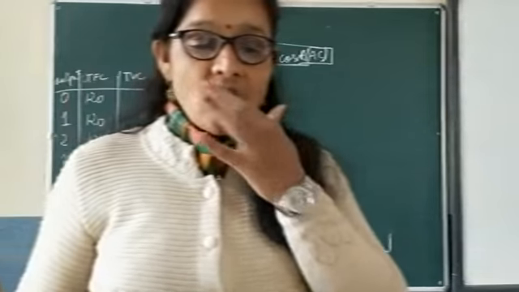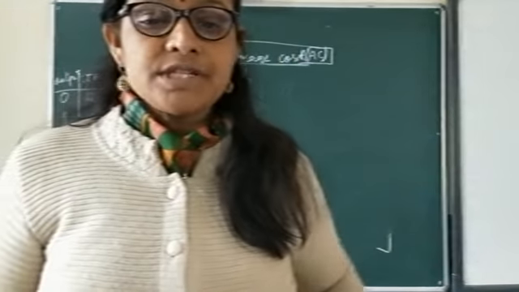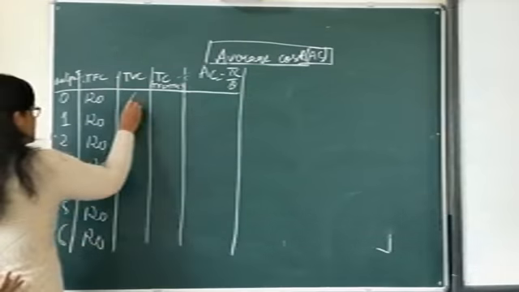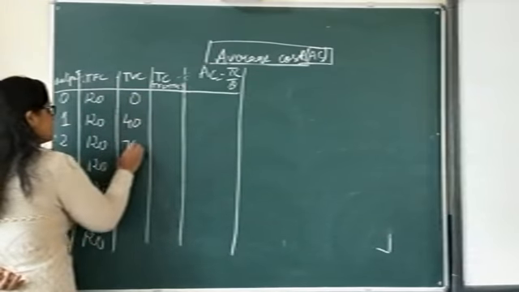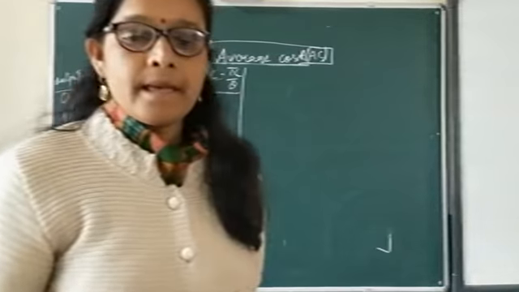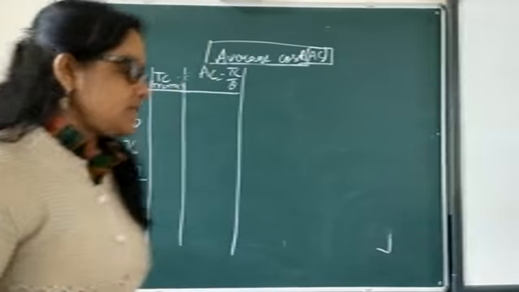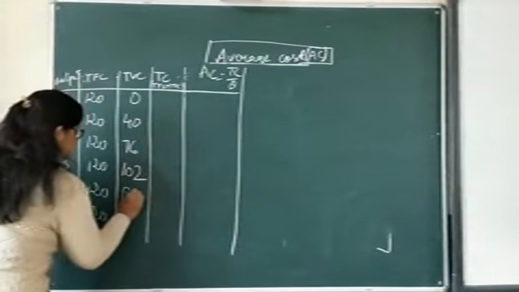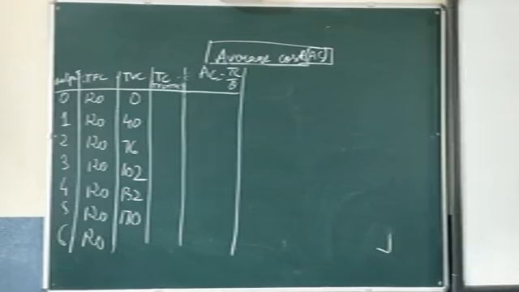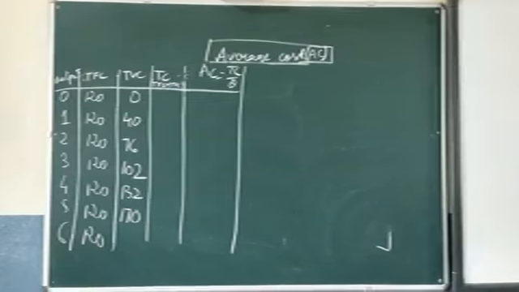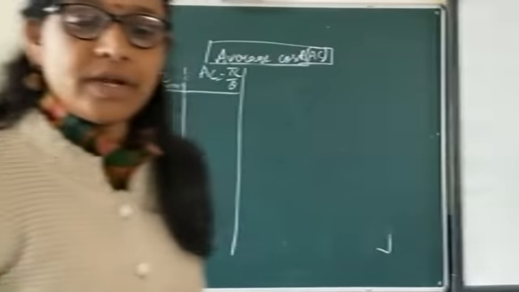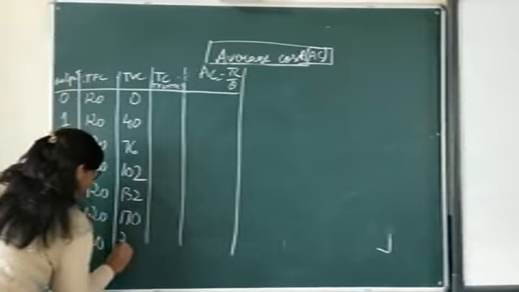What is the value of TVC? 0, 40, 76, 102, 132, 170, and the last one is 234.